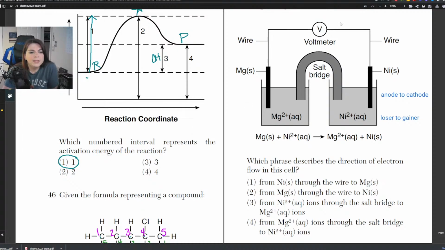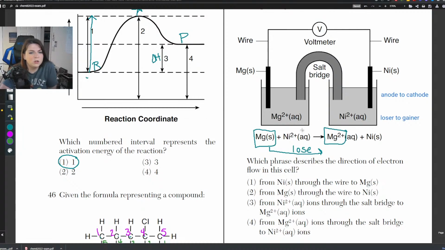So in this case, we have magnesium metal becoming a magnesium ion. Magnesium has to lose electrons in order to become an ion. In order to do this, magnesium needs to lose.